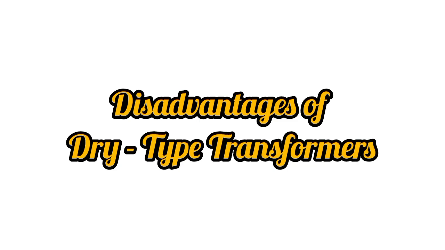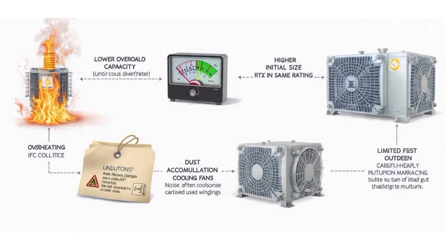Disadvantages of dry-type transformers. However, dry-type transformers also have some limitations. Air is less effective than oil at removing heat, so dry-type transformers generally have lower cooling efficiency. For the same power rating, they are often larger and heavier than oil-filled transformers.